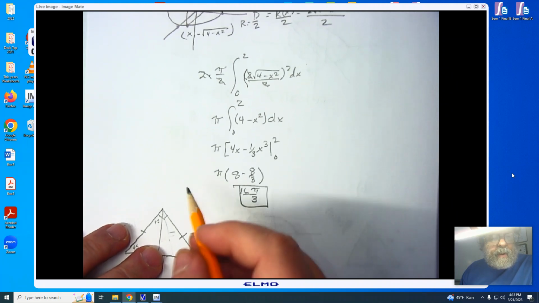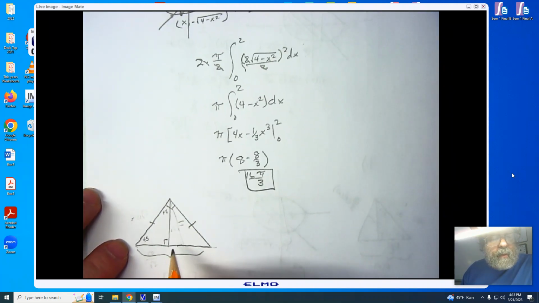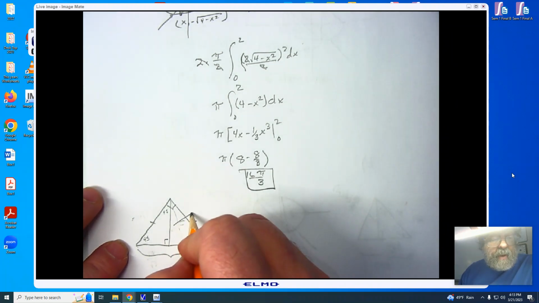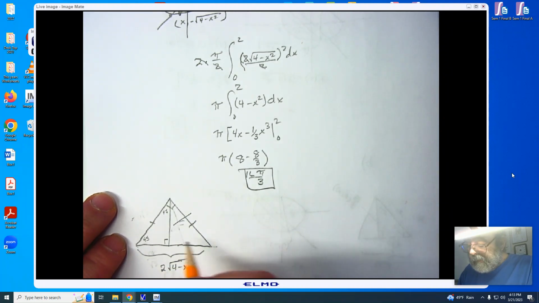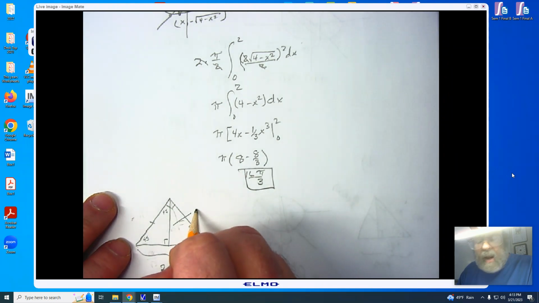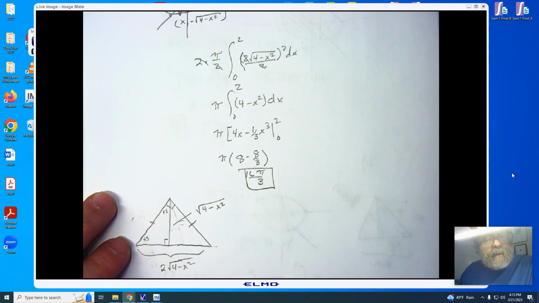So if this is entire side, this has to be, so this is 2 root 4 minus x squared, and this height is going to have to be root 4 minus x squared.